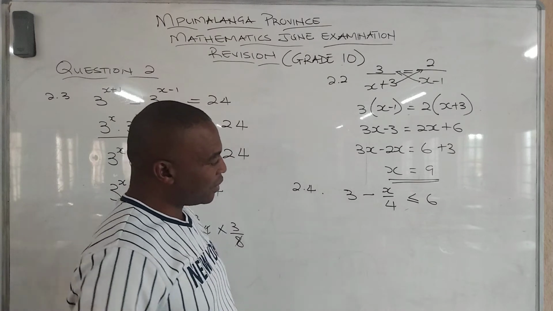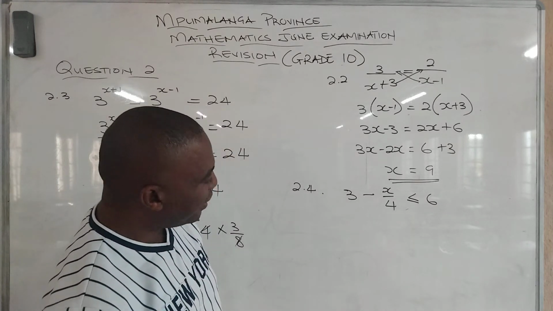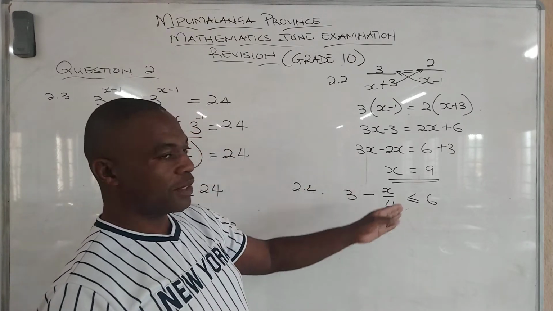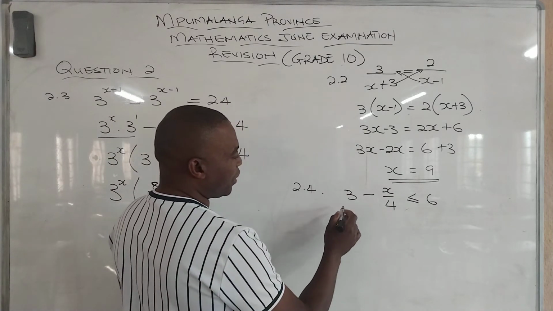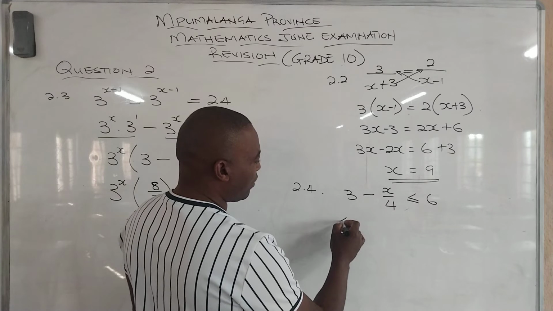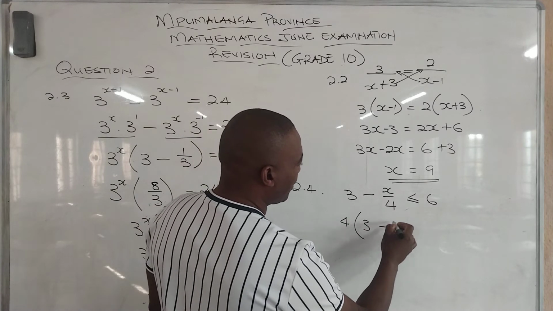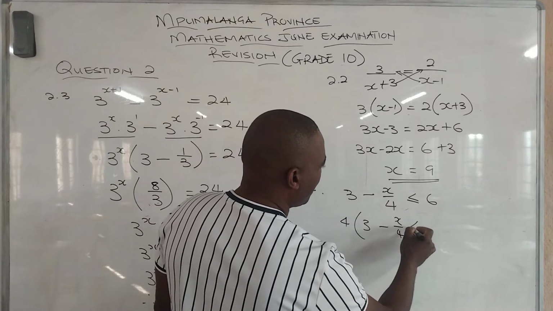The common denominator that we have here is 4. Multiply every term by 4.